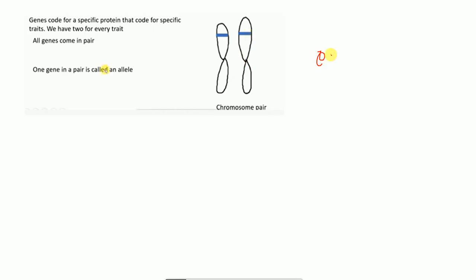These two genes code for a specific trait, that is eye color, therefore they are called alleles. An allele is one gene in a pair. So this gene is an allele of this one, whereas this gene is an allele of this one.